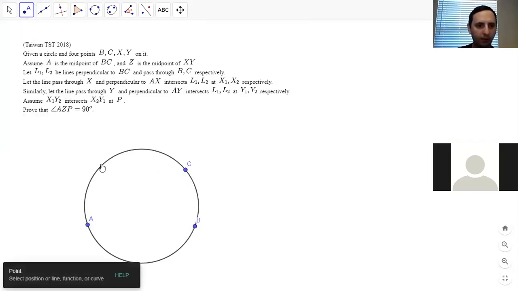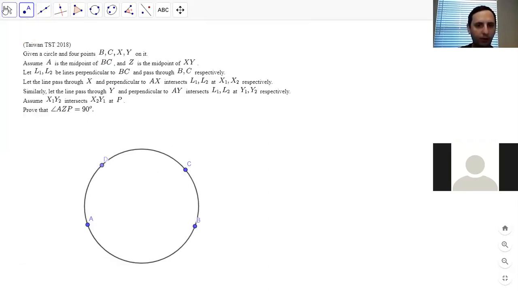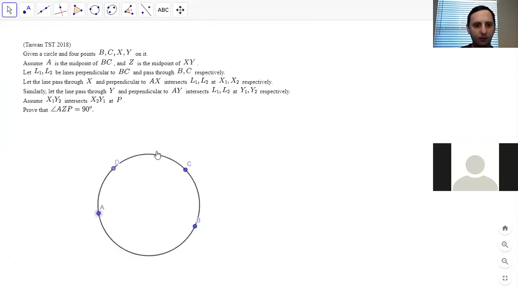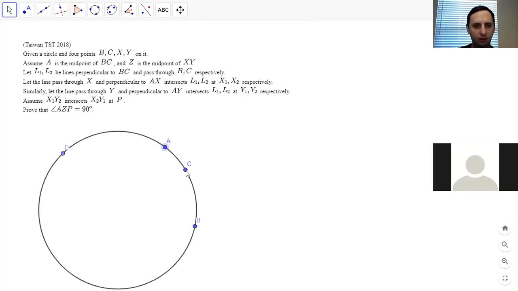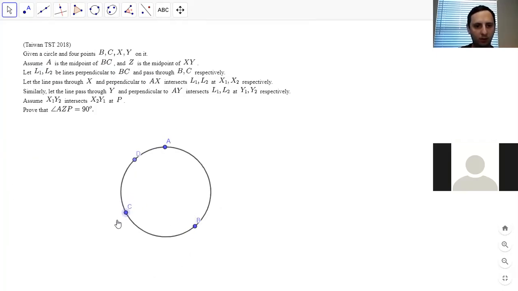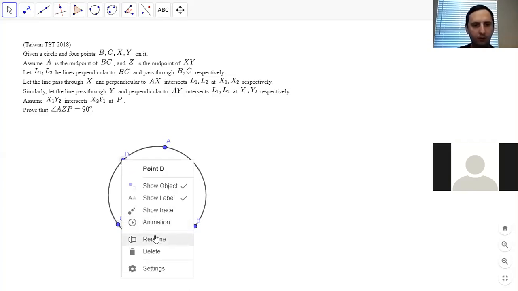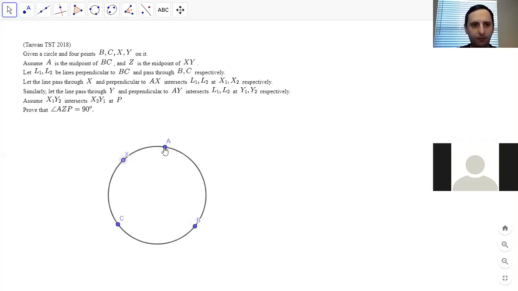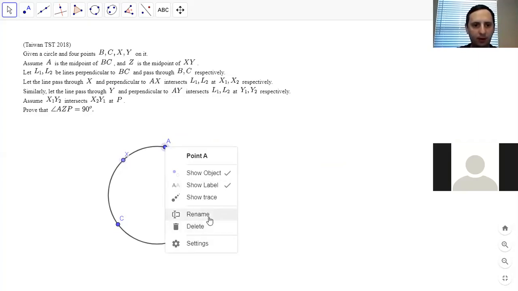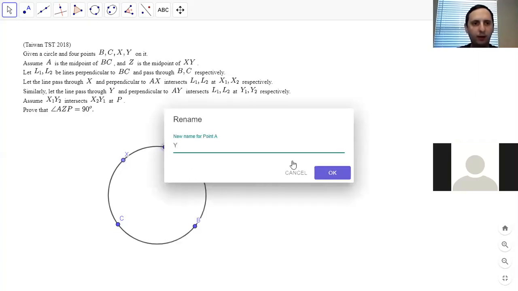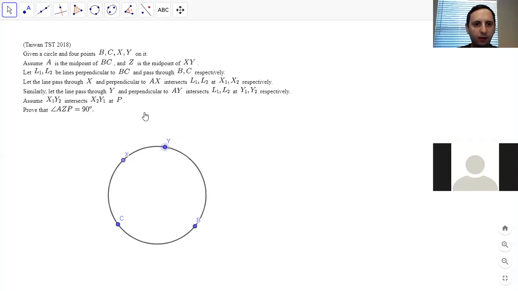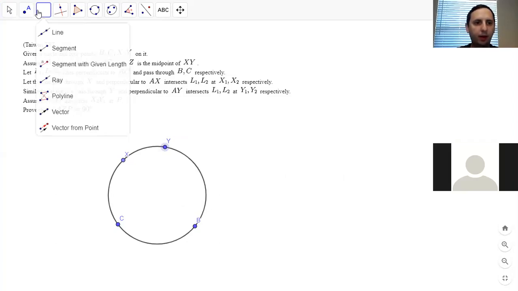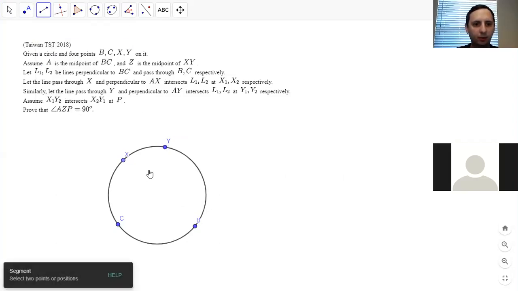I'll keep BC, but I'll relabel A and B as X and Y. Okay, so here's X, and here's Y. And A is the midpoint of arc BC. Oh no, A is the midpoint of the segment BC. So let me draw those two segments.